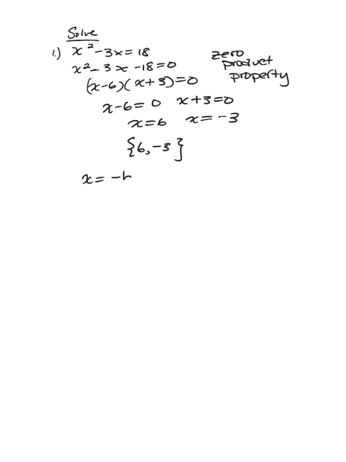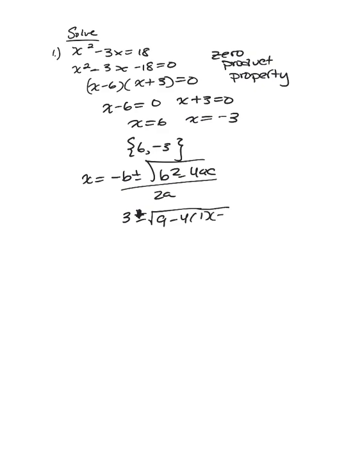X equals negative b plus or minus the square root, b squared minus 4ac, all over 2a. This will give you the roots as well. So we have negative b would be 3, plus or minus the square root, negative 3 squared. You can just write 9, minus 4 times a times c, over 2a.